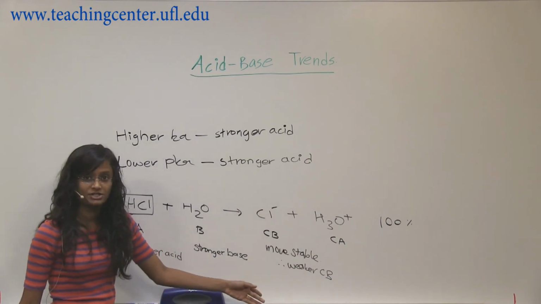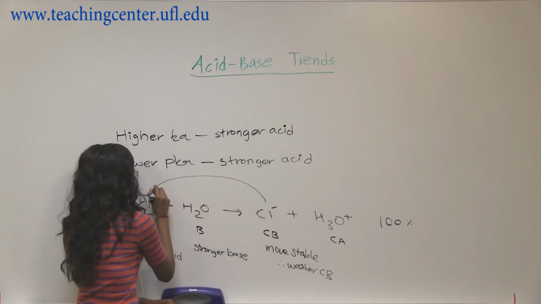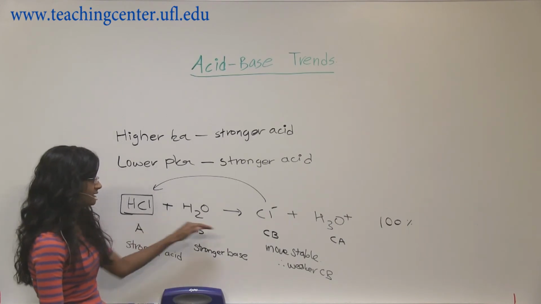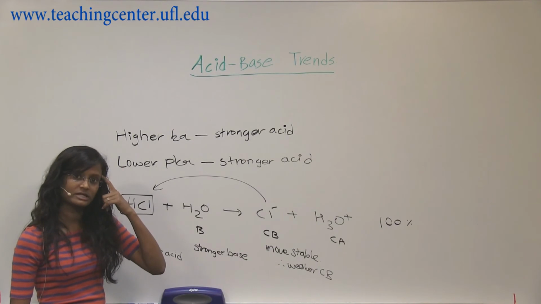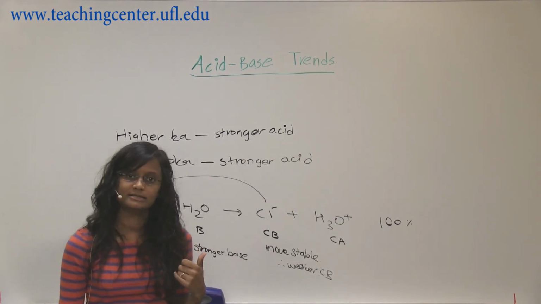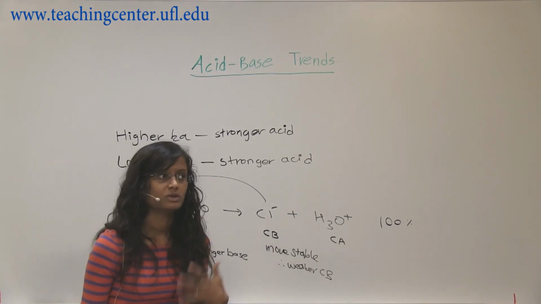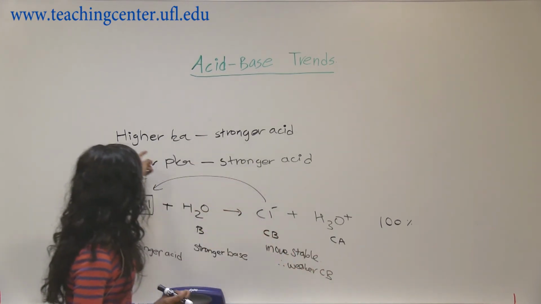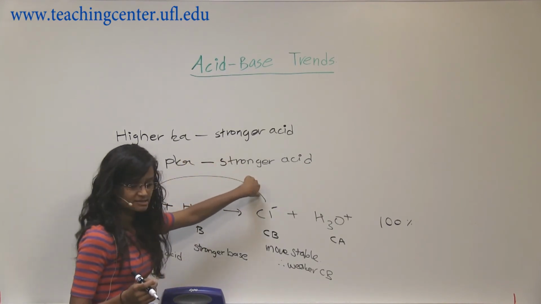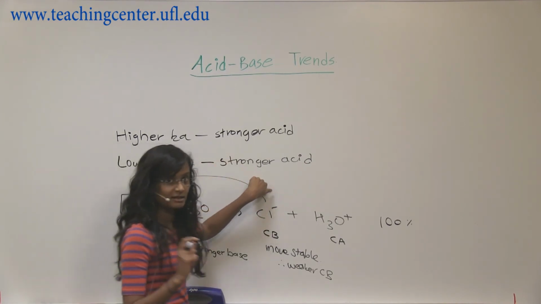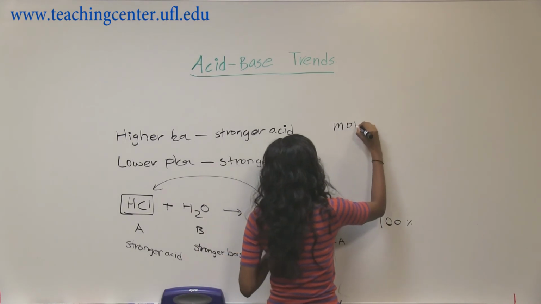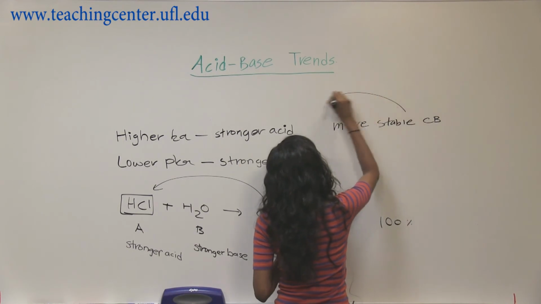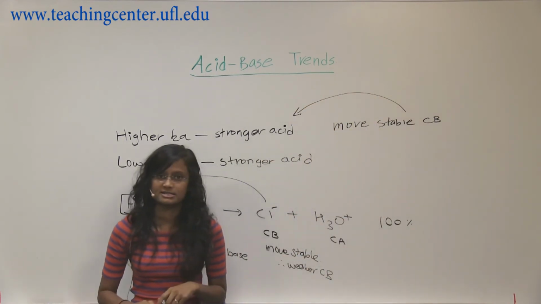And when you have weaker conjugate bases, the acid that it came from has to be a stronger acid. So that's the relation between these two. Always think about the HCl and water example if you forget the relation between conjugate base and acids. So the third term that means stronger acid is the last term, which is more stable conjugate base will give me stronger acid.